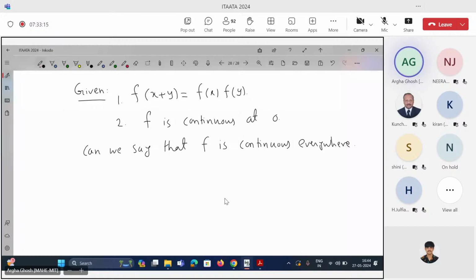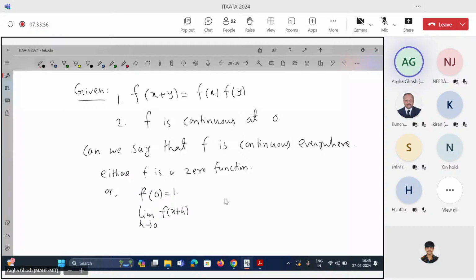The next case is that f is a non-zero function, like f of 0 is equal to 1. So one thing we can derive from this: either f is a 0 function, or f of 0 is equal to 1. Now we use the limit as h tends to 0 of f of x plus h.